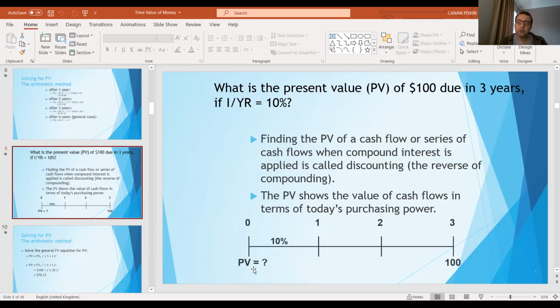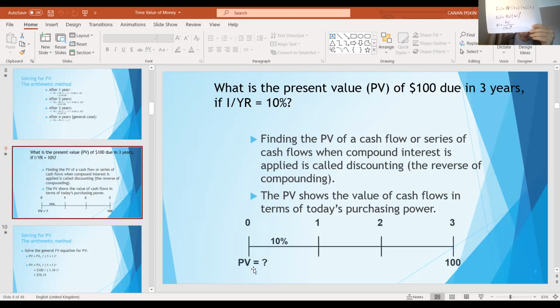Now we need to discount. It's exactly the same thing, but we need to rewrite this equation and find the present value: future value divided by 1 plus interest to the power of n.